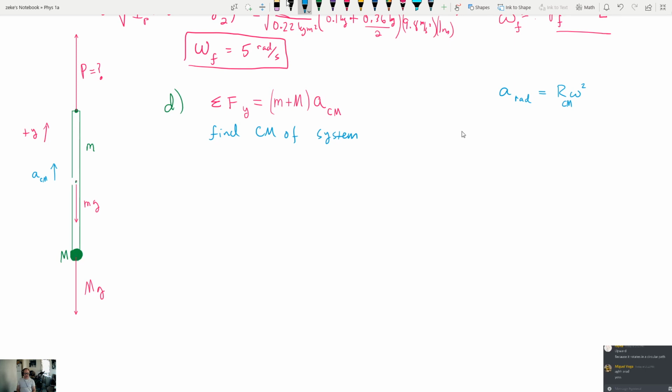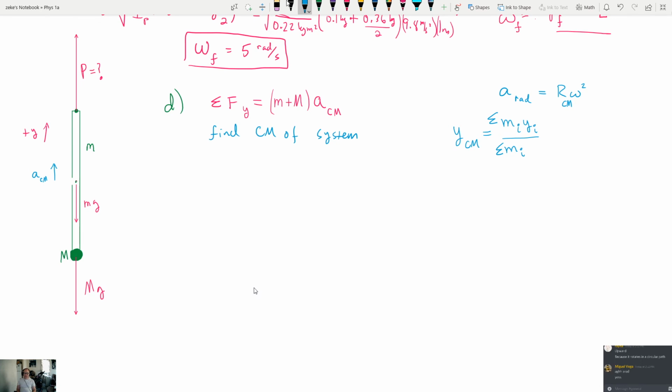In this case, what we're going to locate is the y-coordinate of the center of mass. And to find this, all you have to do is take the mass of each object in your system, m sub i, multiplied by the y-coordinate of the object. You sum over all of those, and then you divide by the sum of the total masses of the system. This is how we find the center of mass of this object.